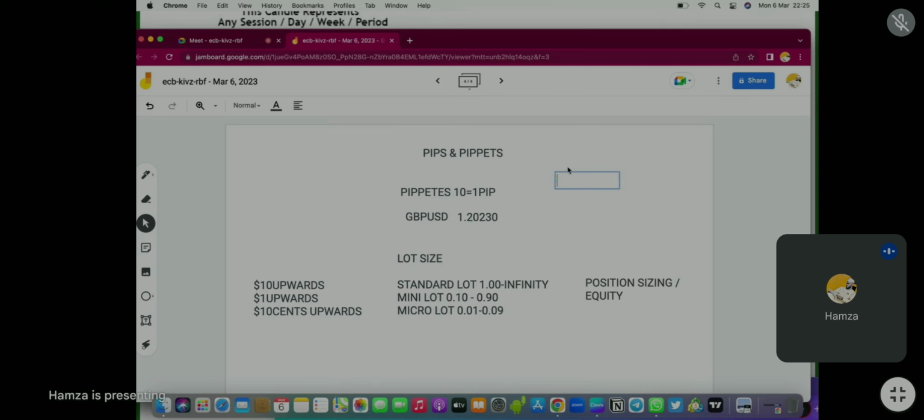Yeah. So where leverage comes in is, let's assume you're going to Lagos and you only have 500,000, but you want to buy goods worth 5 million.